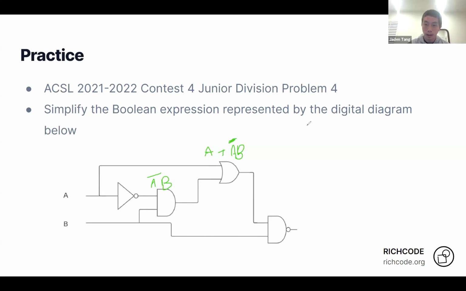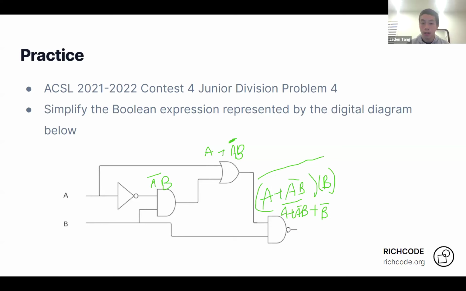And then we get the A plus not A B with B and then not. And using De Morgan's law, we get this as not of A plus not A B and not B.